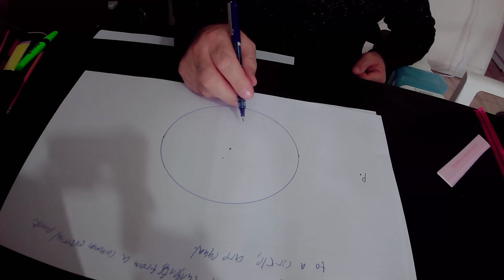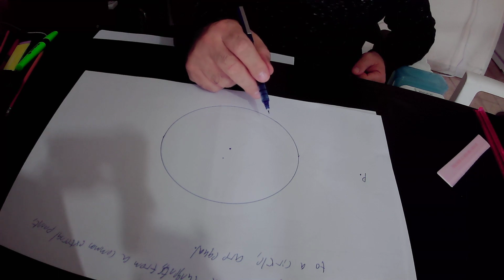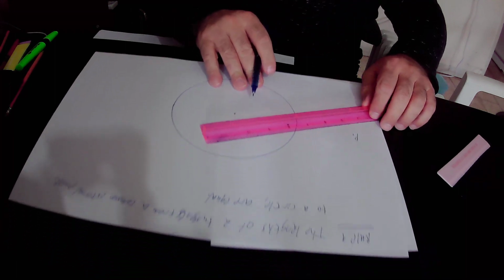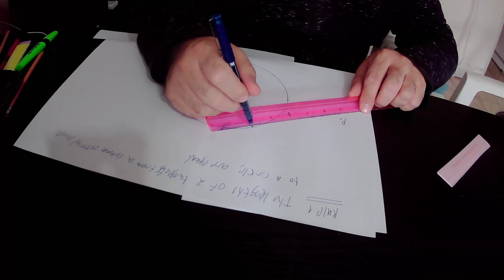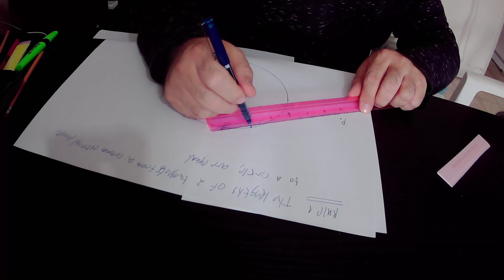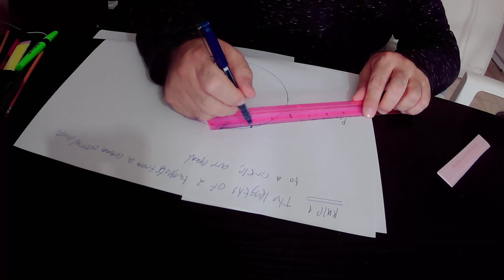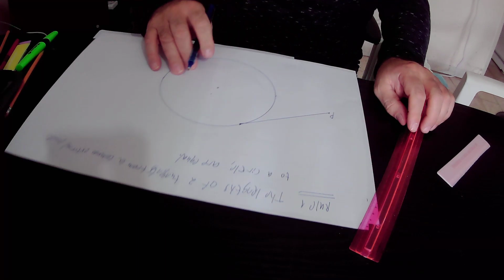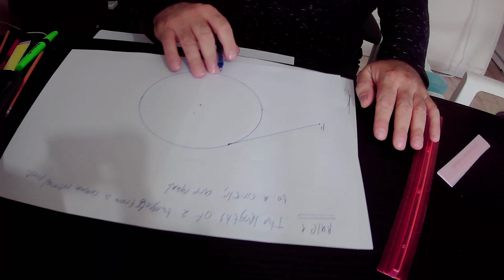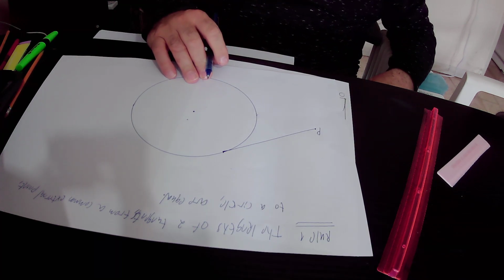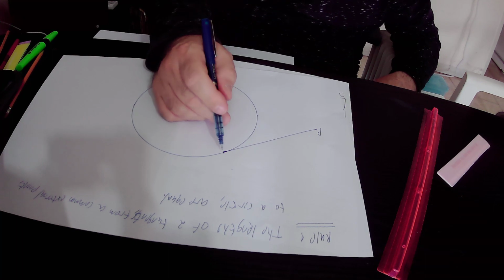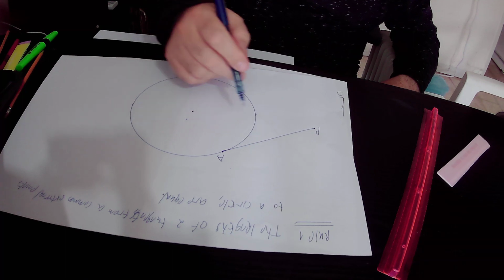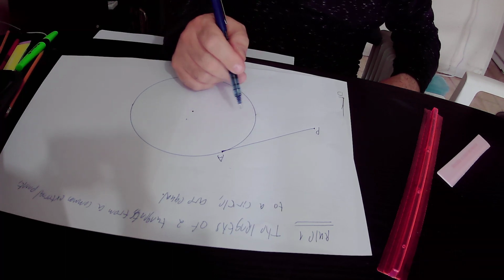So if from the external point P we draw two tangents to this circle, the first tangent will be this tangent. We define the point of tangency of the first tangent with this circle as point A. Point A is the touching point of the first tangent with this circle.